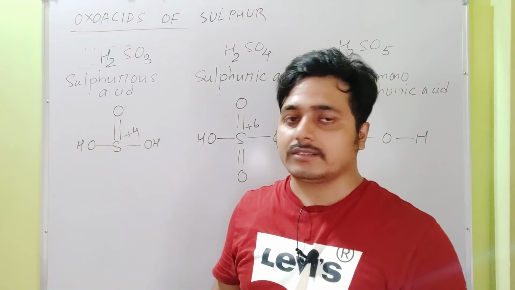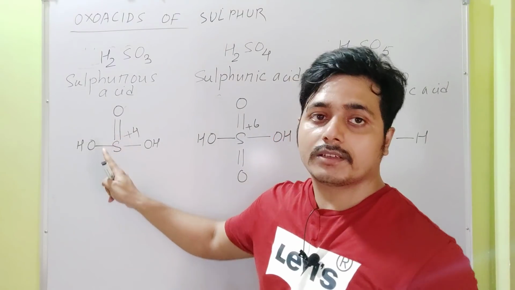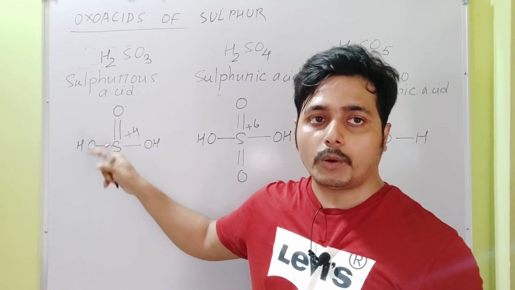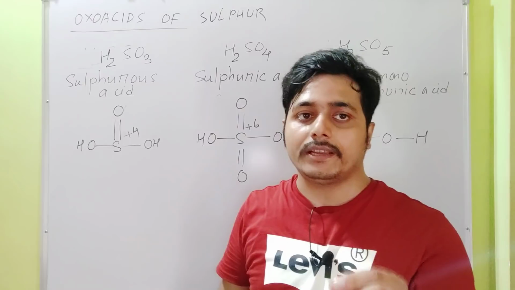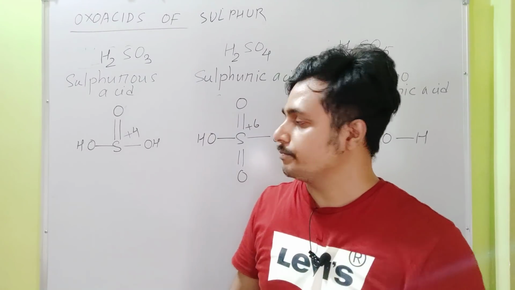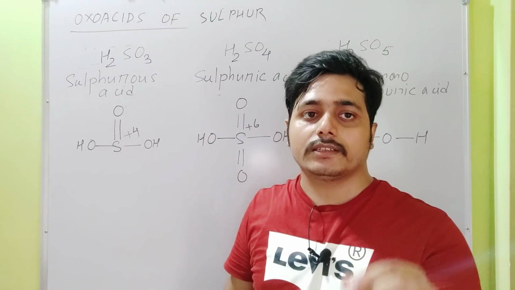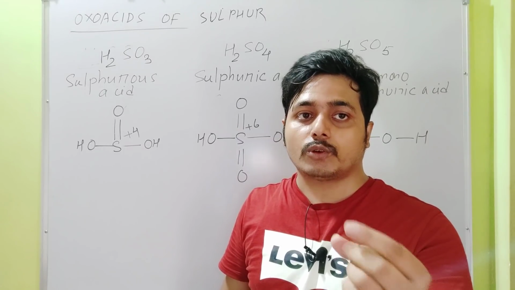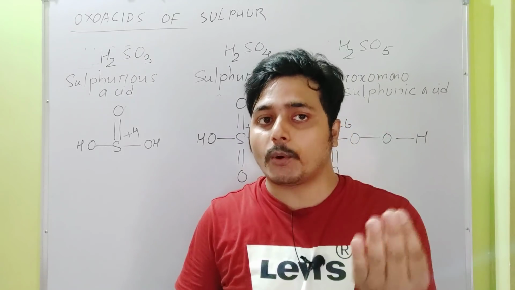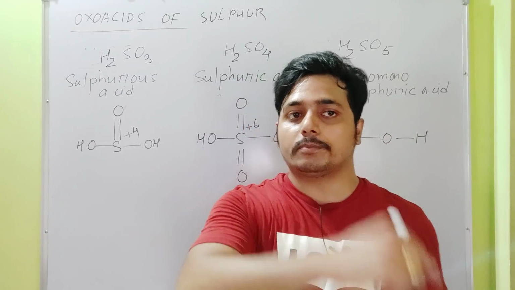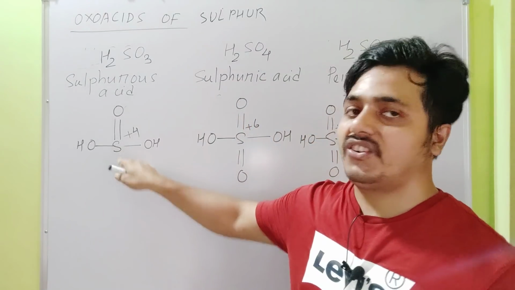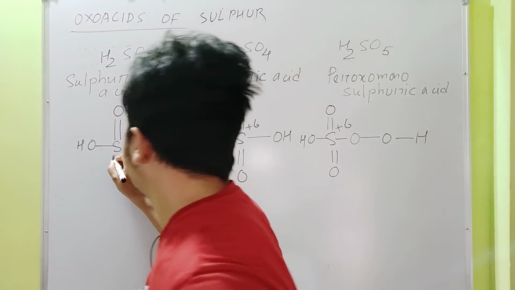Out of 6 electrons, 4 electrons are involved in 4 bonds. In this case sulfur is forming 4 bonds. That means 4 electrons are involved in bonding. So 2 electrons are left as non-bonding electrons. 2 non-bonding electrons means what? 1 lone pair. Therefore, this sulfur has 1 lone pair.